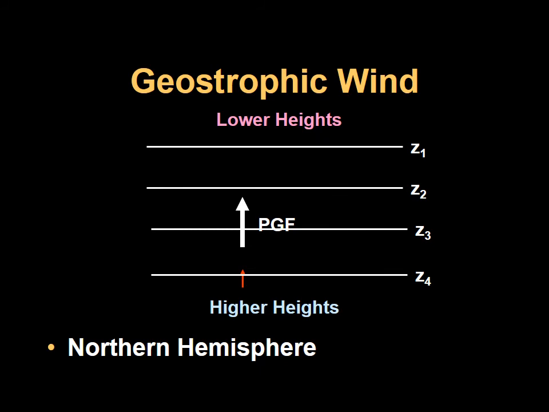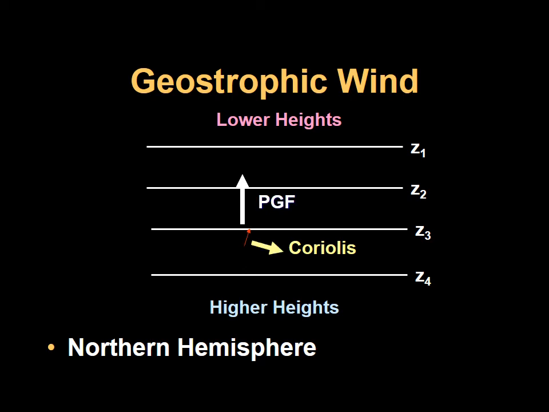And this is what happens. Pressure gradient force is pulling the air to lower heights, but as it starts moving, remember Coriolis force is a function of not only the latitude and the rotation of the earth, but also the speed of the wind. So once it starts moving, that means Coriolis force is going to pull it to the right in the northern hemisphere.